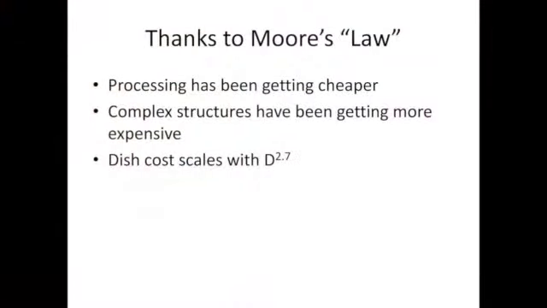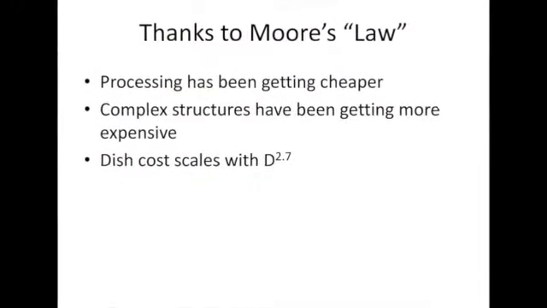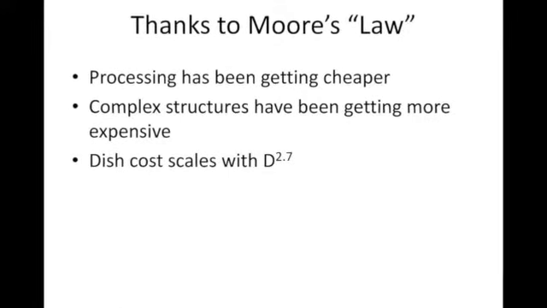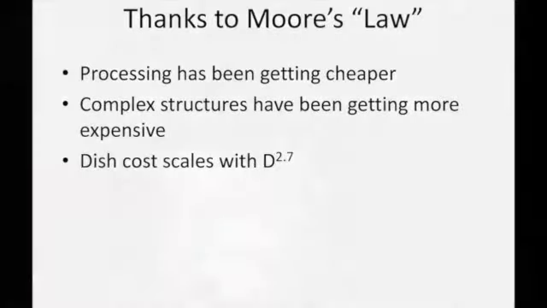But this is where one revolution met another, if the slide will progress. And so here we get radio astronomy meets Moore's law. Moore's law basically is an observation, not a law, that stated that the cost of processing essentially halves roughly every 2 years, between 18 months and 2 years.